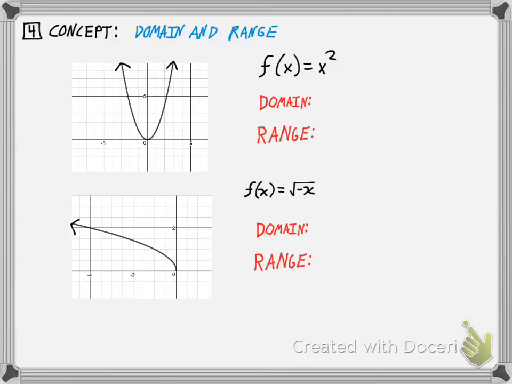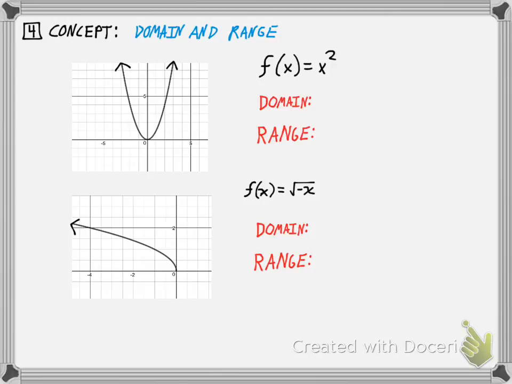Alright, another thing that you're going to hear commonly with functions is the idea of domain and range. Again, I think a good way to think about domain is the set of inputs, and a good way to think about the range is the set of outputs. When you are asked to find the domain and range of a function, it's very helpful to have the graph in front of you. But basically you need to think about all the possible inputs and if there are any exceptions.